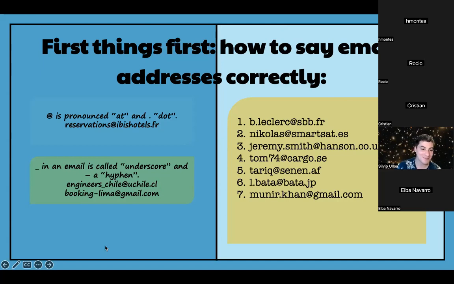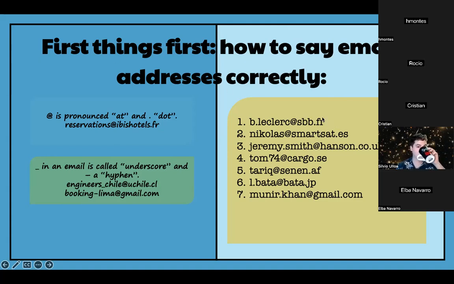Can you please spell it? B-A-T-A. Very good. In the previous session, we talked about how to pronounce certain consonants in English. For those of us who speak Spanish, it's difficult to pronounce the difference between B and V. It's important, especially when you are spelling something.